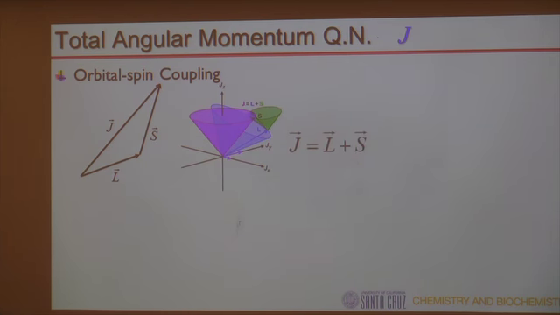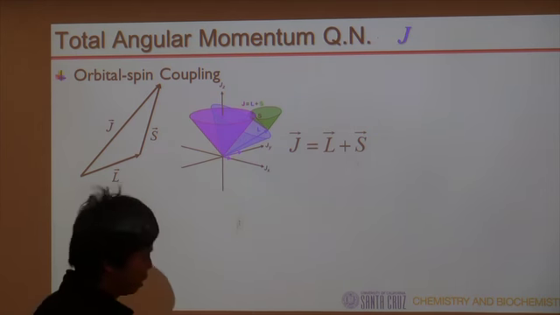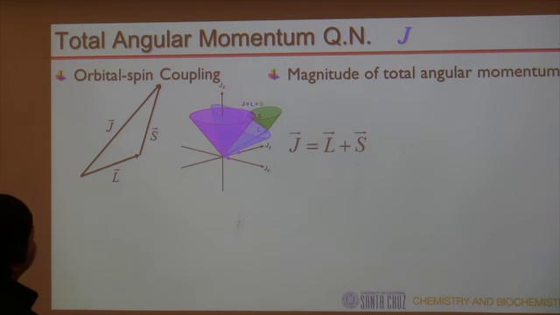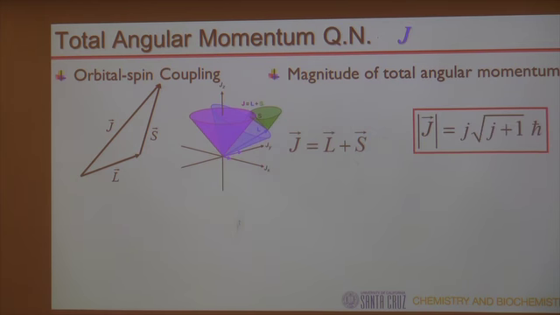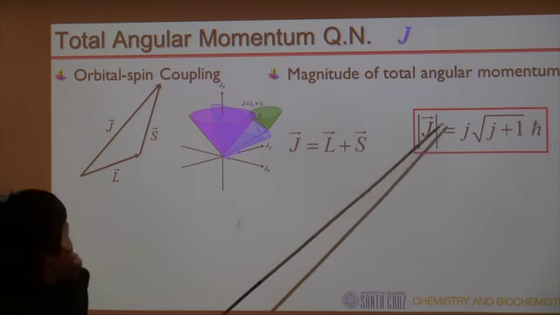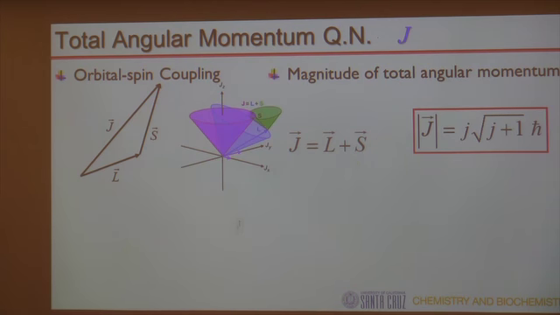So the mathematical expression is this. Orbital spin coupling gives J. And it also determines the magnitude of the total angular momentum as this. Again, you just change L, S to J here, and you get the total angular momentum magnitude here. Again, the equations are pretty straightforward.